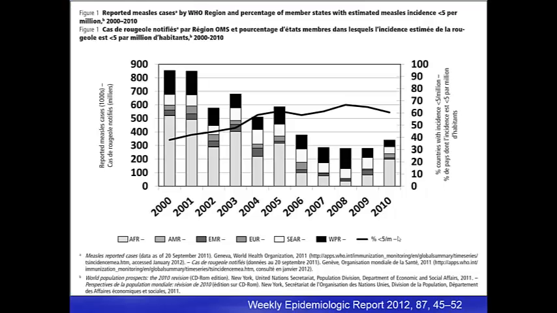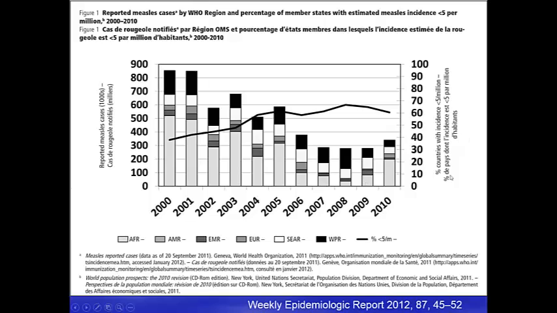Here are measles cases according to WHO region. So for example, the light gray bars show Africa, and tends to be fairly high number of reported measles cases. And countries like the Americas, the middle gray bars, tend to report very few measles cases.